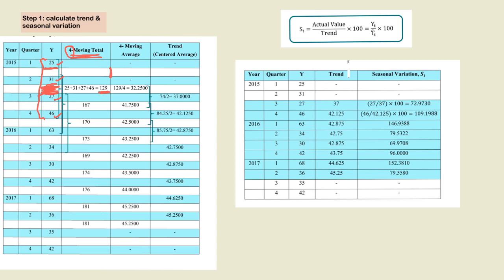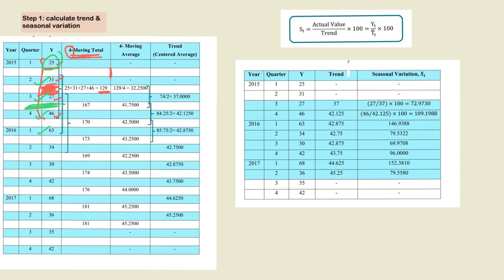And then for the next calculation, why do we call this method moving average? Because after you total up 4 values, for the next one you need to leave out 25. We are not going to use the first number, this one. So the next one would start from 31, 27, 46 and 63.